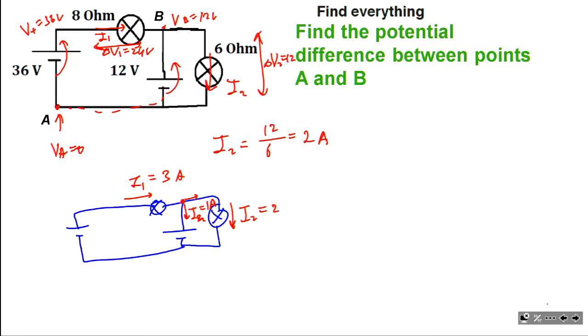And because the battery has no resistance, we cannot apply Ohm's law, but the junction rule tells us that this electric current should split. It doesn't disappear, it still has to go somewhere, and it goes through the battery.